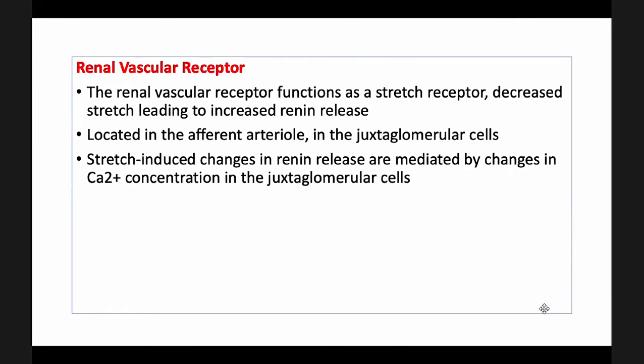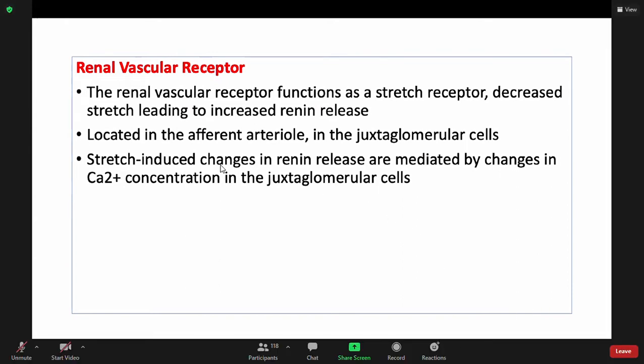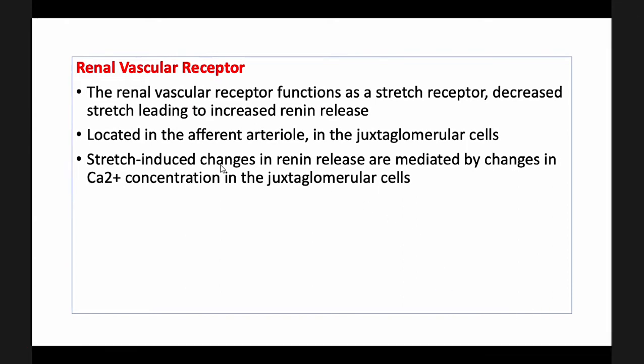If there is a decrease in the stretch of the renal arteries, this will lead to increased renin release. These receptors are located in the afferent arteriole, in the juxtaglomerular cells. Stretch-induced changes in renin release are mediated by changes in calcium concentration in the juxtaglomerular cells.